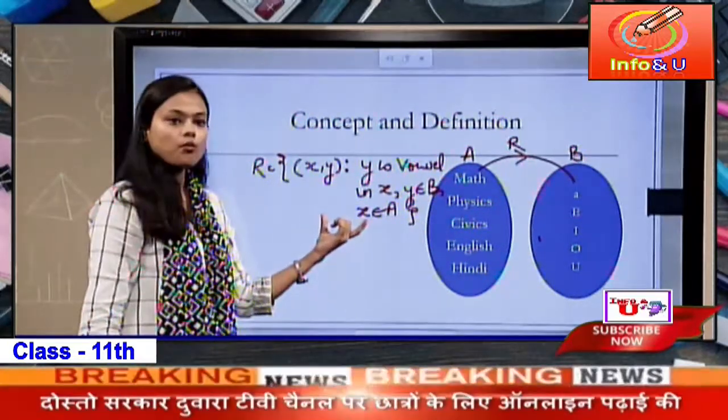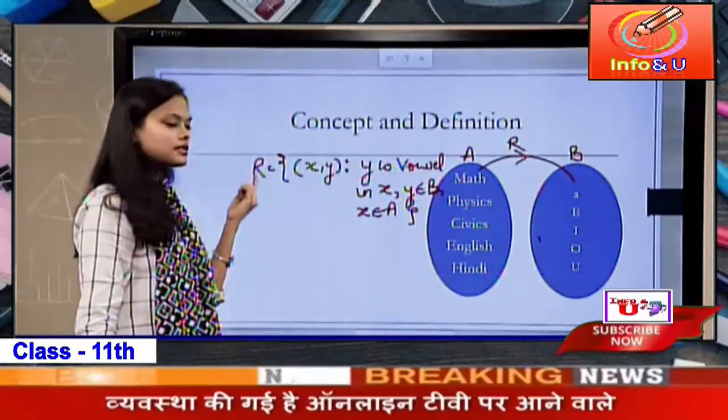So can you tell me what ordered pairs will be there in this R?